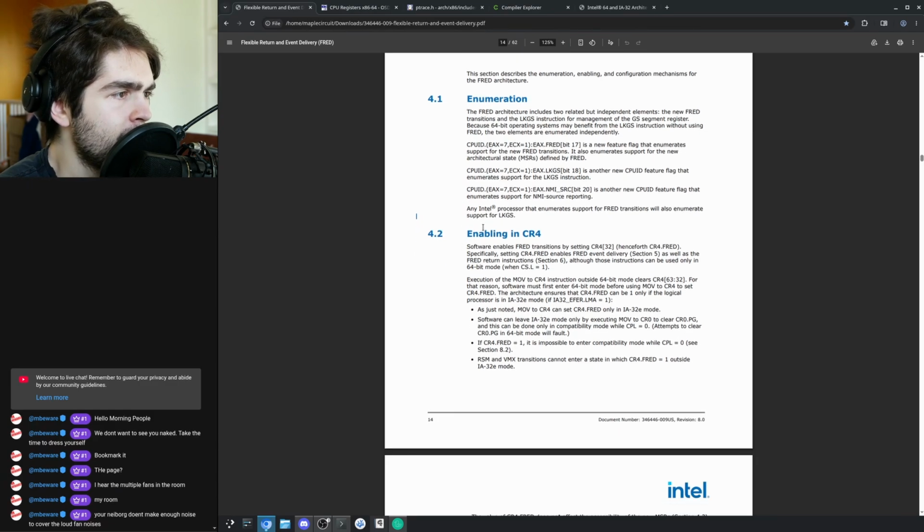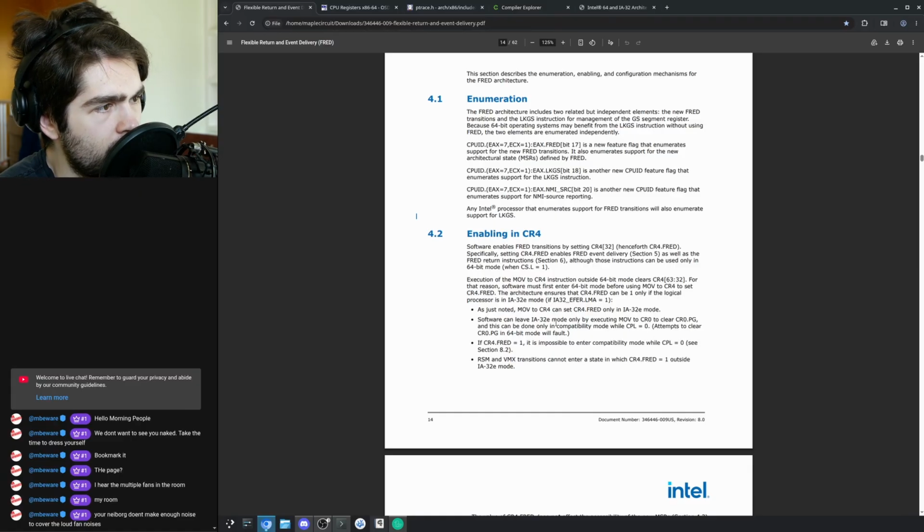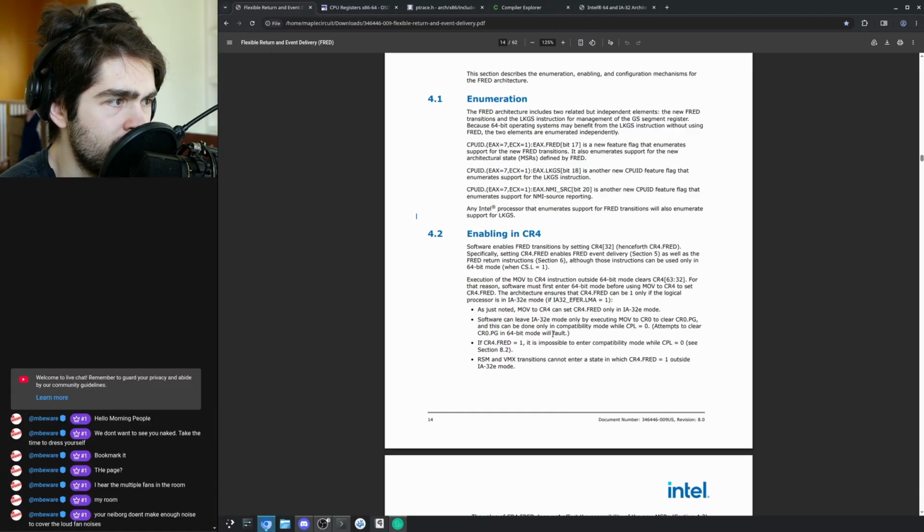Cool. Enabling in CR4. Software enables thread transition by setting CR4.THREAD. Specifically, enabling CR4.THREAD enables thread event delivery as well as thread return instructions, although those instructions can only be used in 64-bit mode when CS.L equals 1.